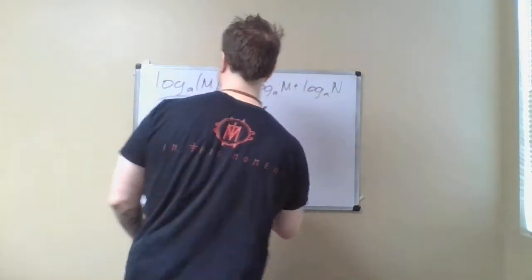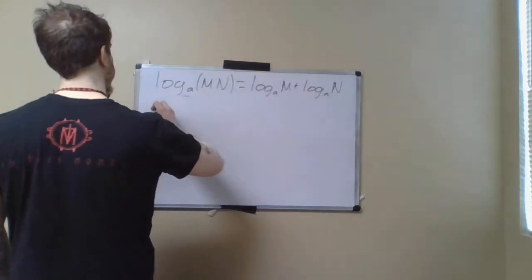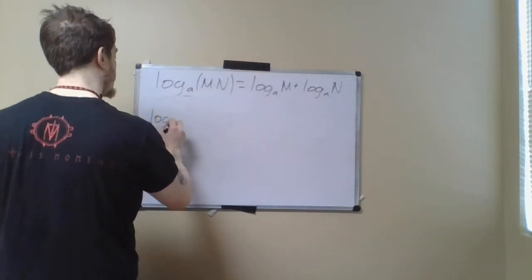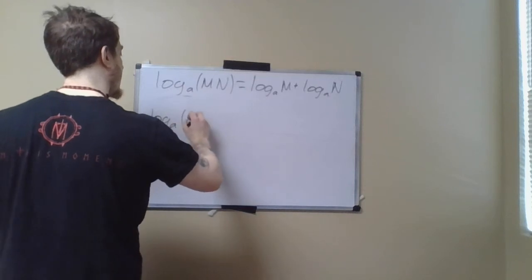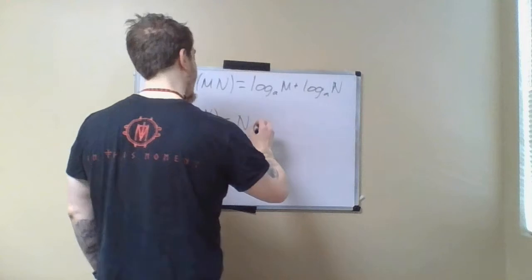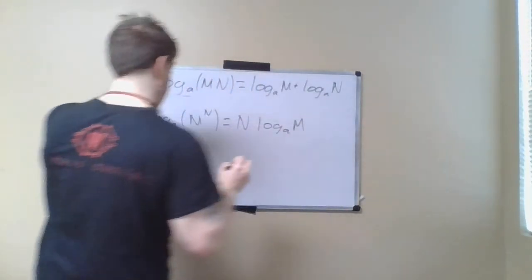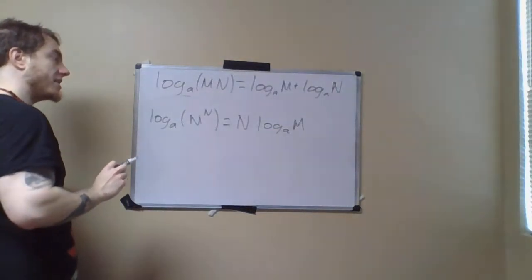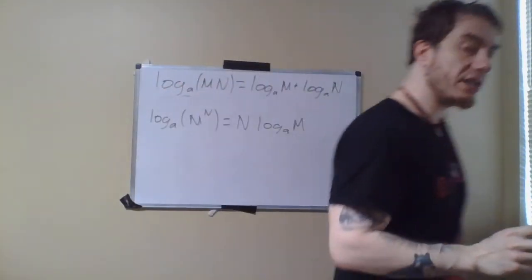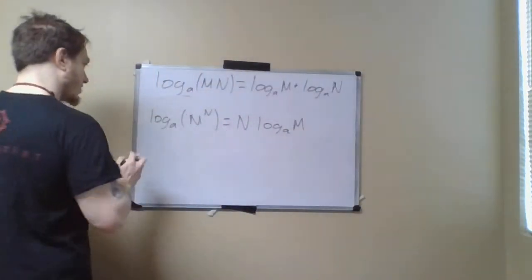There is a second property of logarithms that's really important to keep in mind, and that is that the log base a of m raised to the n is n times the log base a of m. And once again, the way that we prove this is to use the properties of exponentials.